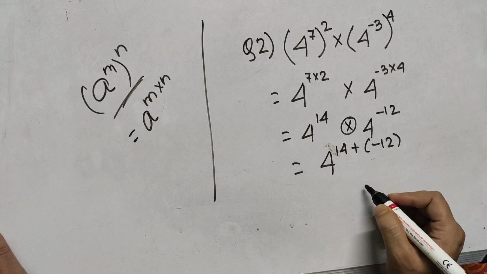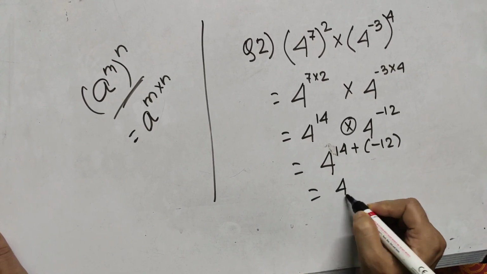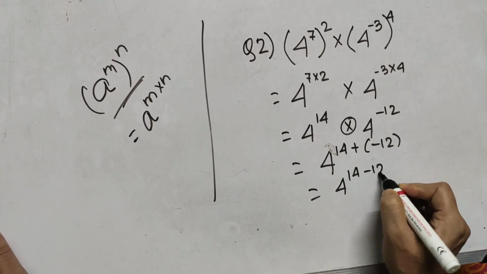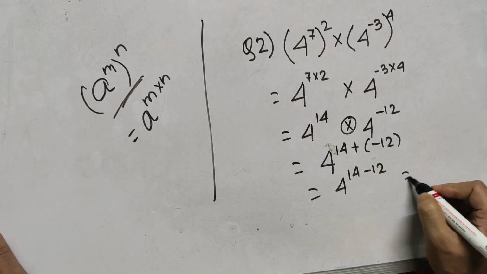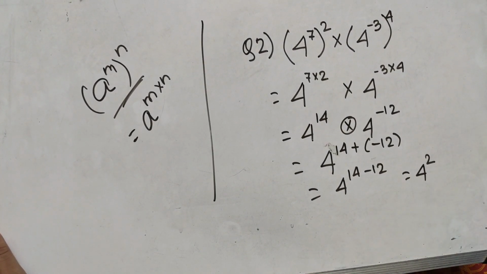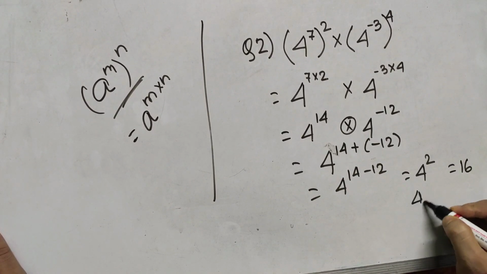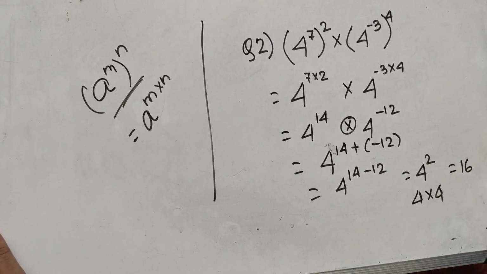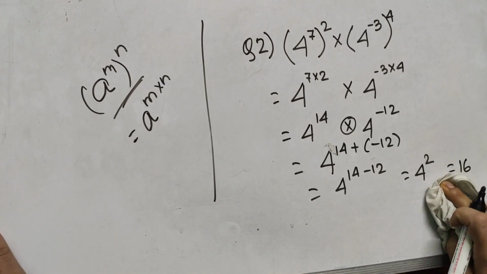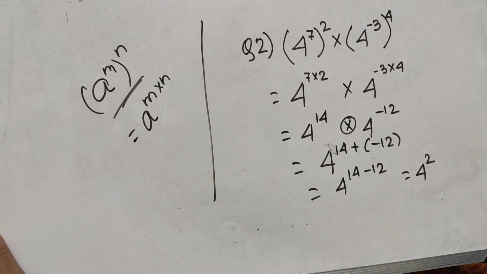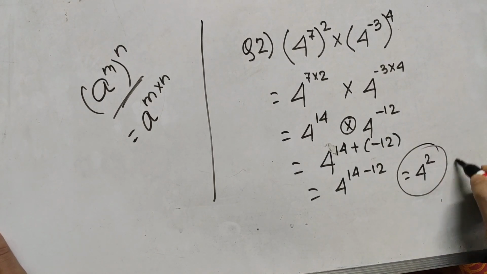Finally, what do we get? 4 to the power 14 minus 12, and it becomes 4 square. Do you understand? I hope you do. It can be written as 16, as 4 square means 4 into 4, but we are not going to write that because the question says we have to get the answer in an exponential form. So finally, this is your answer.